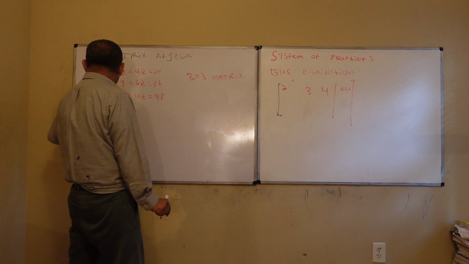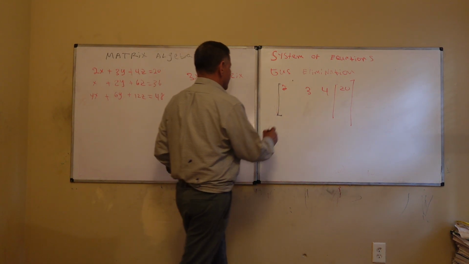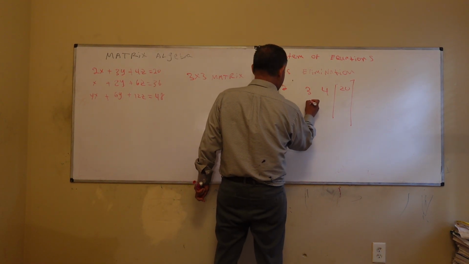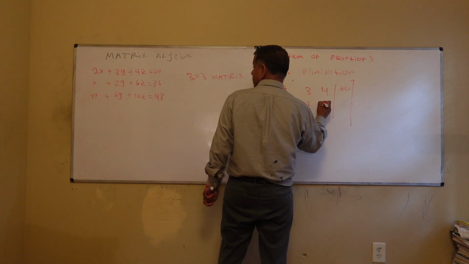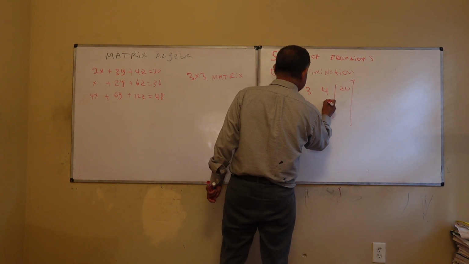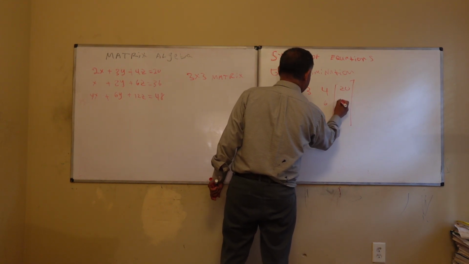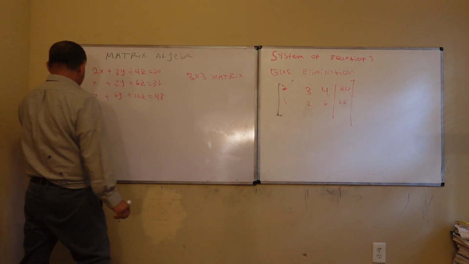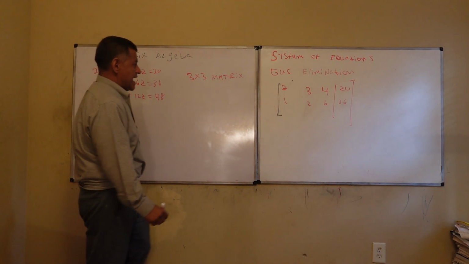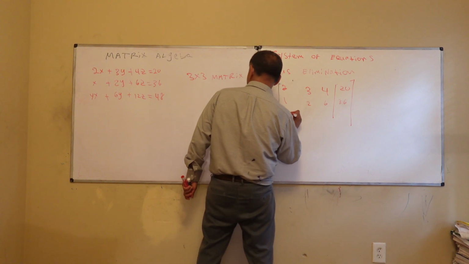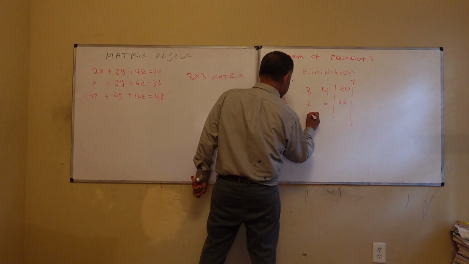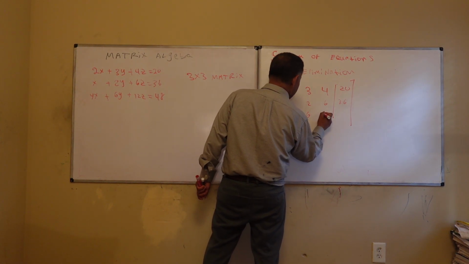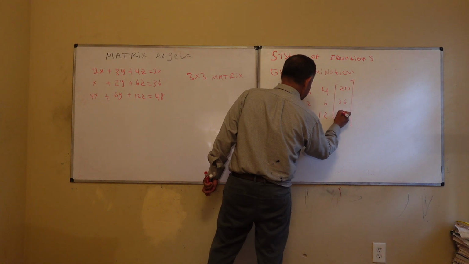So that's the first equation. Second equation: the coefficients are 1, 2, and 6, and we have 36.